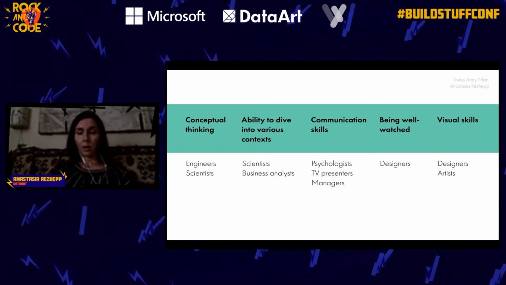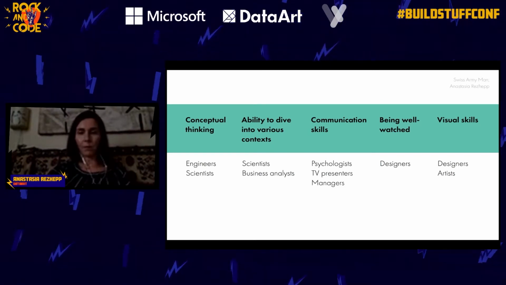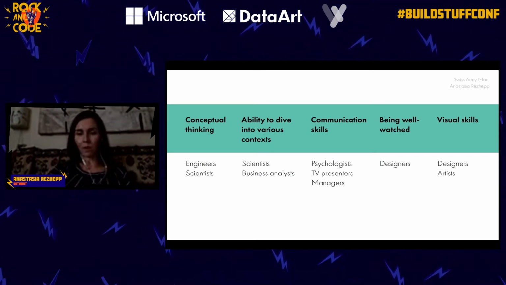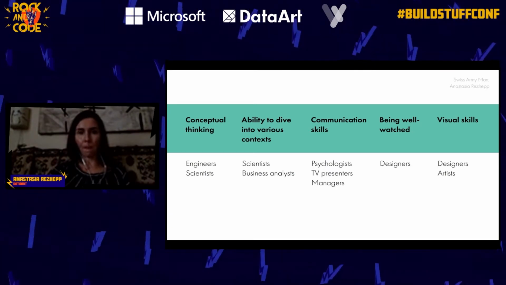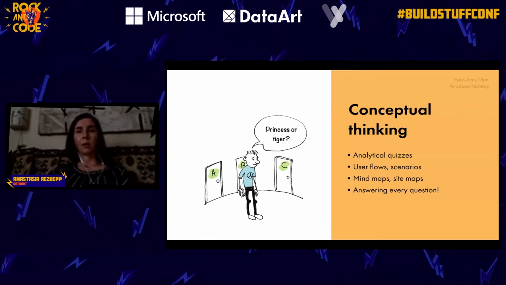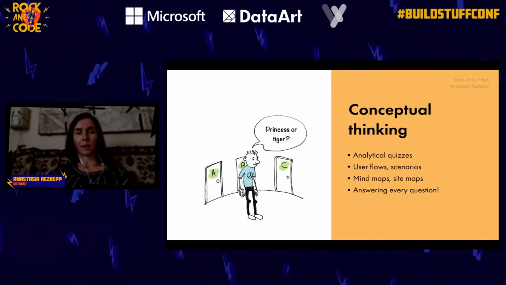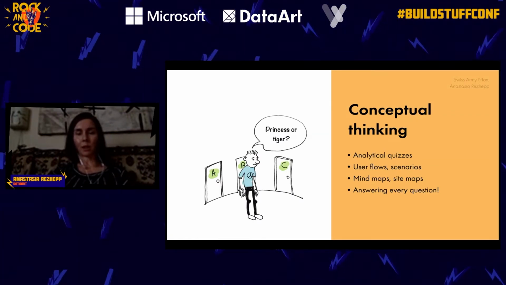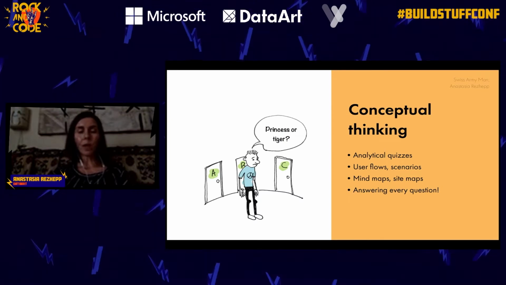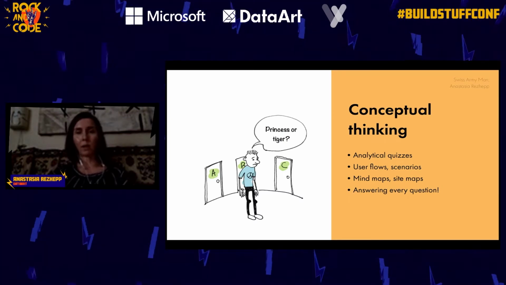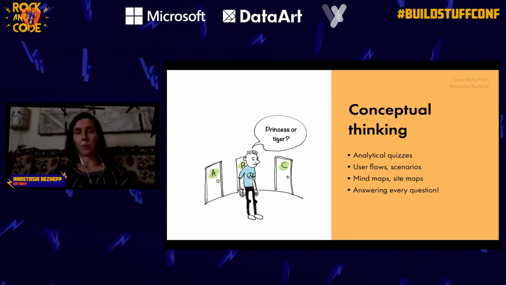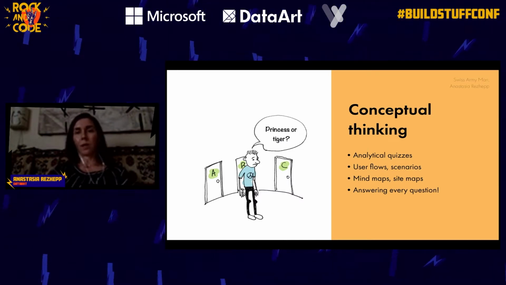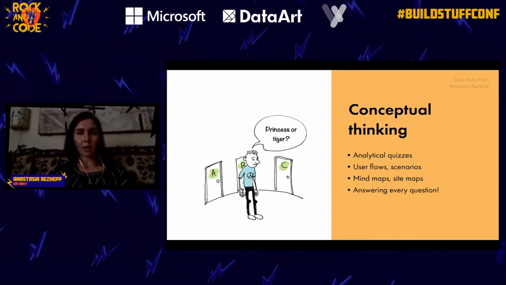Okay, let me just give a few pieces of advice how to deal with those skills. So the first one is this conceptual strategic thinking. Usually what we do here is we make people solve a lot of analytical quizzes and tasks.